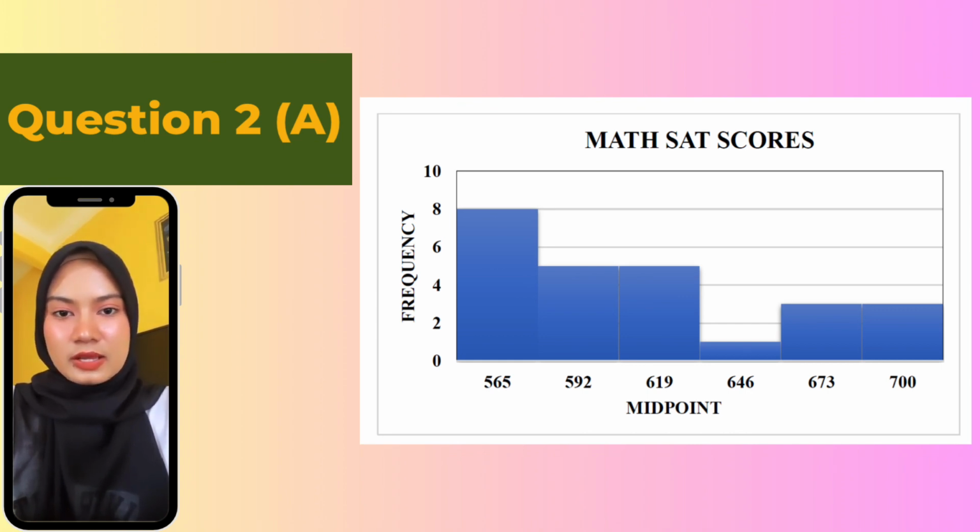The second class, the midpoint is 592 and the frequency is 5, followed by the third class, the midpoint is 619 and the frequency is 5, followed by the fourth class, the midpoint is 646, the frequency of 1. Next, the midpoint is 673 and the frequency is 3 for the fifth class. The last class is 6. The midpoint is 700 and the frequency is 3.